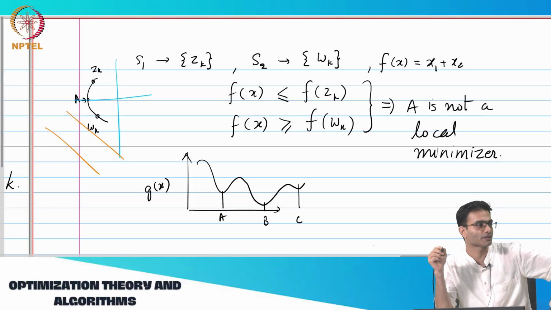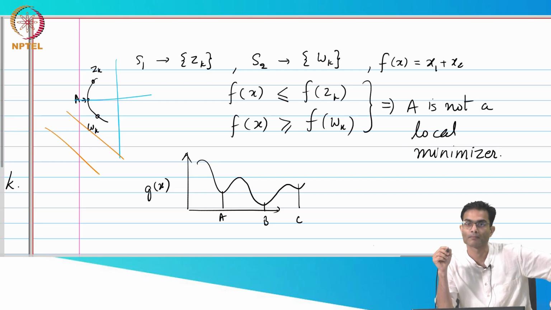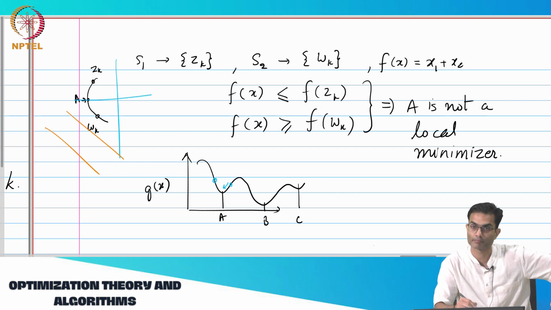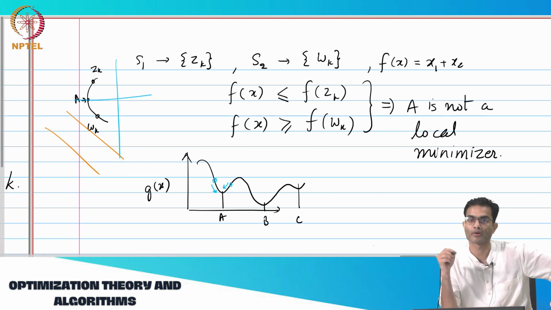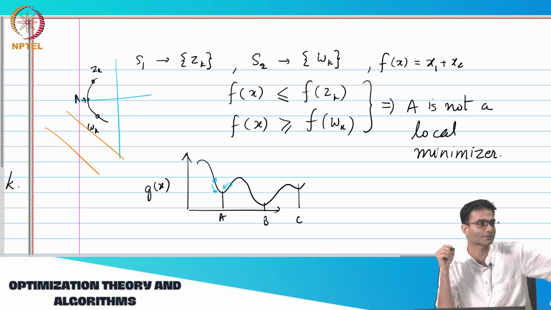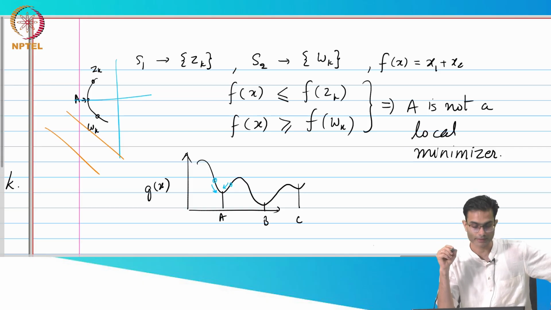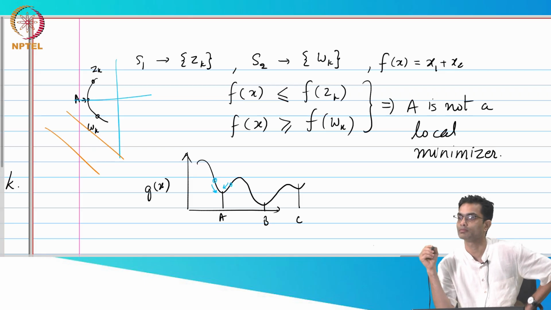and I construct a feasible sequence about point A. It's clear what we are doing? So let's say I start from here or I start from here, and the feasible sequence should tend to A. That's the meaning of a feasible sequence. So this will satisfy the condition that A is a local minimizer. But does it tell me anything about what is happening at B?